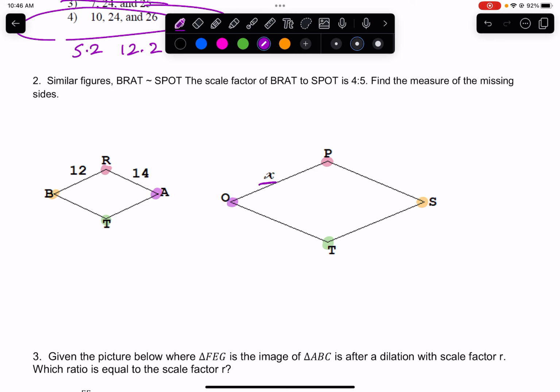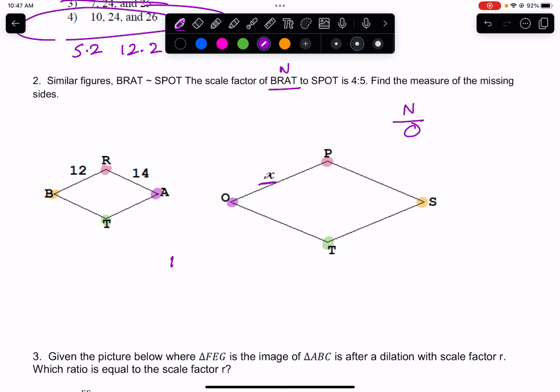So we know our scale factor is always new over original, right? If we call this new, so they're saying from BRAT to SPOT is 4 to 5. So this should be new.